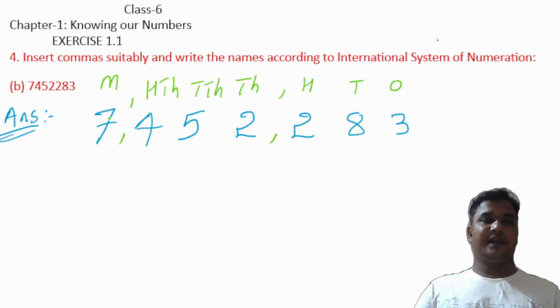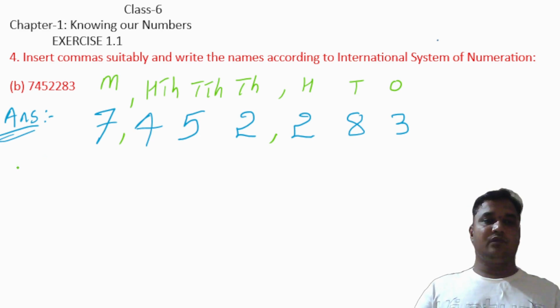Now we will write in words. 7 is in the million place, so this is 7 million. 452 is in the thousand place, that is 452,000, and 283 is in the unit places, so that is 283.